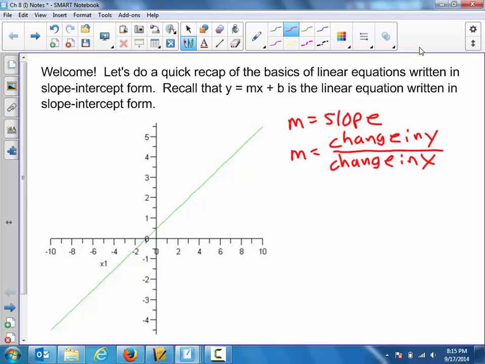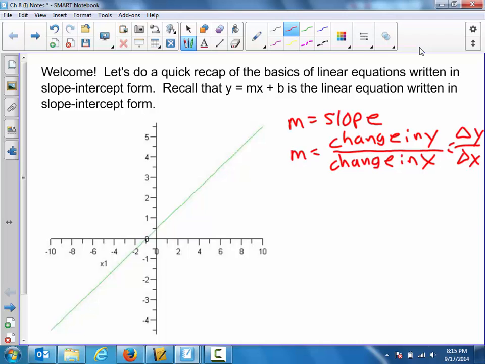I don't know that the book will represent it this way, but sometimes you'll see that change in y over change in x abbreviated as delta y over delta x, where delta means change in.